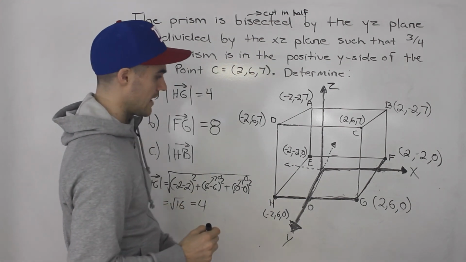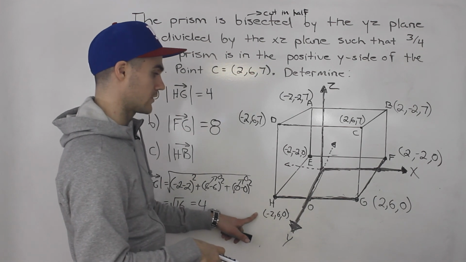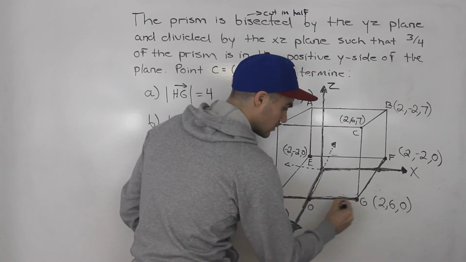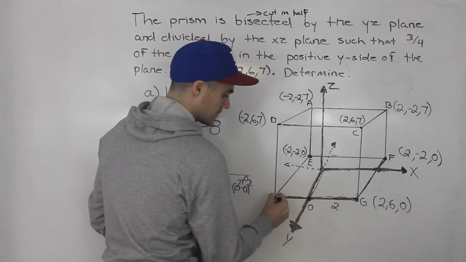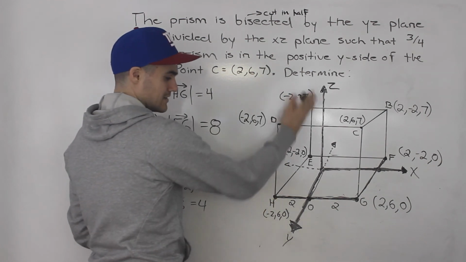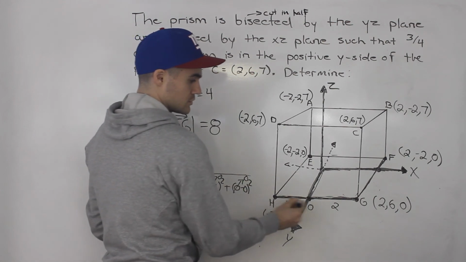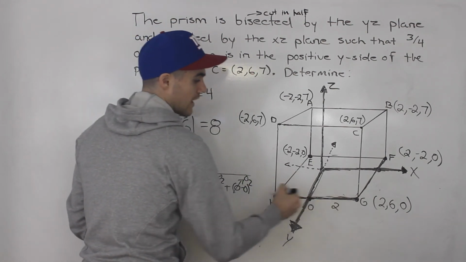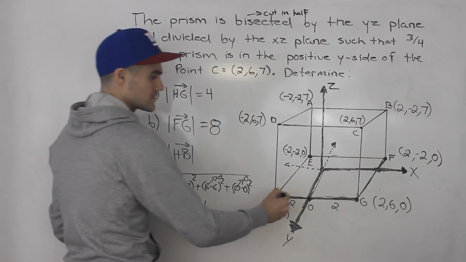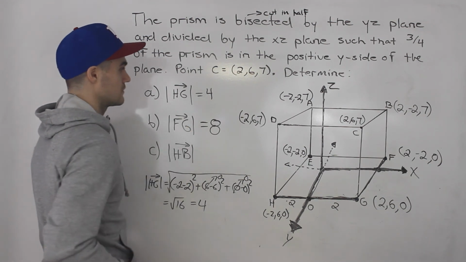And we can also tell when we were figuring out the coordinates for H, remember we said that the distance from here to here was 2, and then the distance from here to here was 2 as well, because the prism is being bisected by that YZ plane that's sticking out. So 2 and 2, basically the magnitude of HG, the length of it is 4. So whether you do it visually or with the formula, the magnitude of HG is 4.